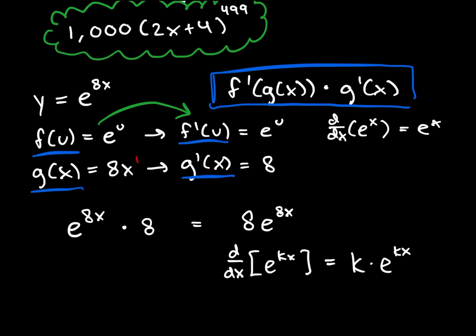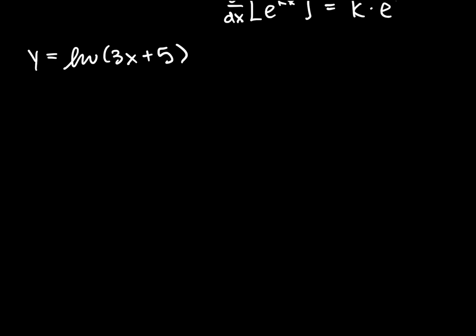Now, moving on, let's try an example with the natural log, ln of x. So say we are given y is equal to ln of 3x plus 5. What is the inside and what is the outside?